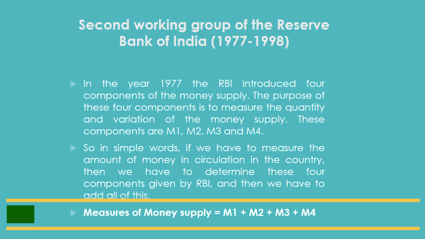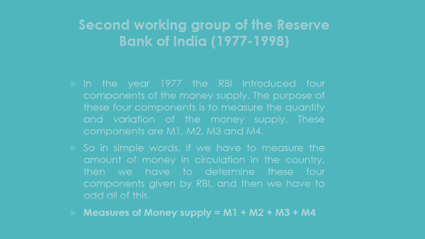So now we are going to analyze each one of these measures of money supply and find out what constitutes them. As I was telling earlier, the total money supply measure or the monetary aggregates was basically equal to M1 plus M2 plus M3 plus M4.